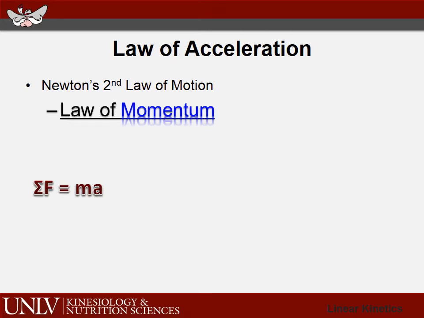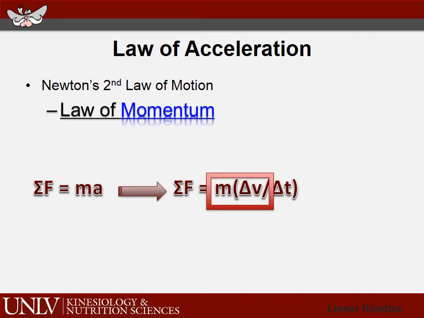Well, if you take the sum of forces equals ma, you derive and expand out what a is. So it's mass times the change in velocity over the change in time. That right there is the momentum, mass times velocity. So now you have rho, which is representative of momentum. And so now you have the sum of forces equals the change in momentum over the change in time.